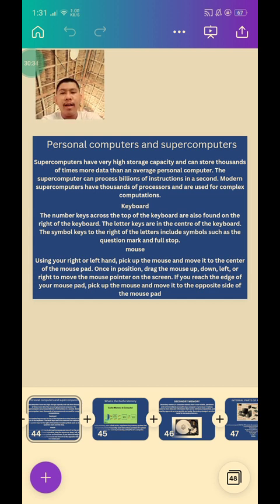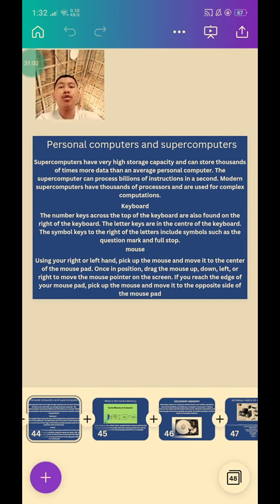Using the right or left hand, pick up the mouse and move it to the center of the mouse pad. Once in position, drag the mouse up, down, left or right to move the mouse pointer on the screen. If you reach the edge of the mouse pad, pick up the mouse and move it to the opposite side of the mouse pad.